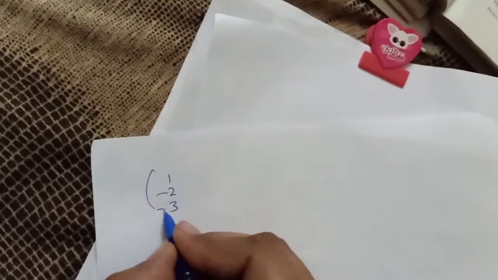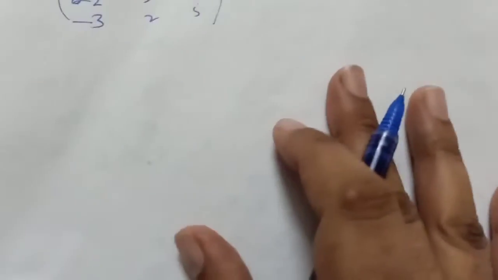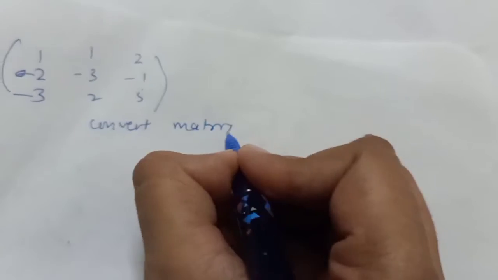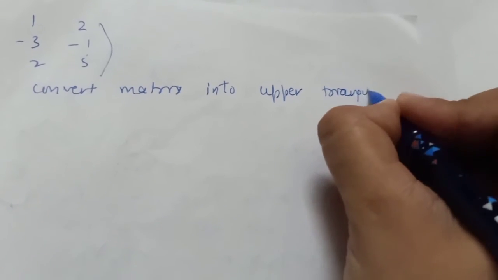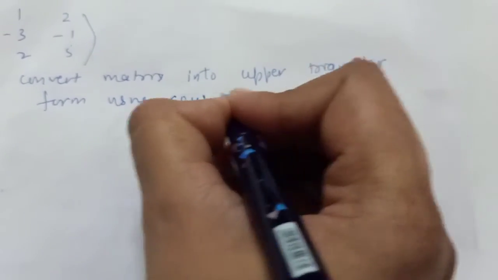To check the rank of this matrix, we will convert it into upper triangular form using only row operations.